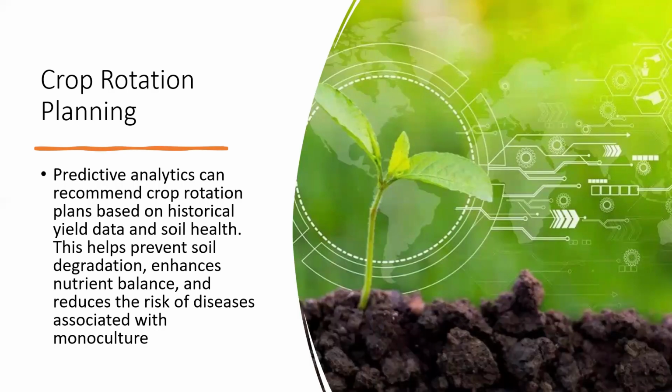Today with predictive analytics, a lot of recommendations can be made for a crop rotation plan, based on historical yield data and soil health, which is very important. This can definitely help prevent soil degradation. We all know what soil degradation is.